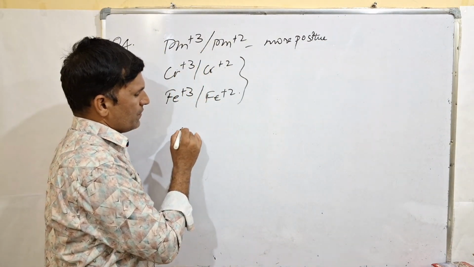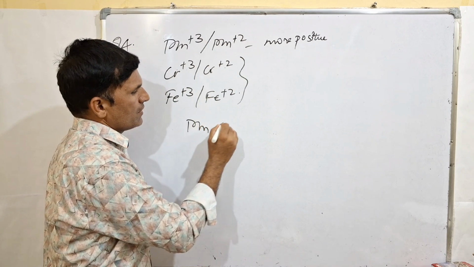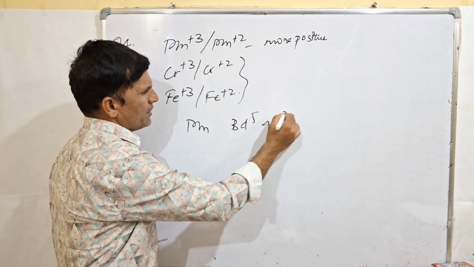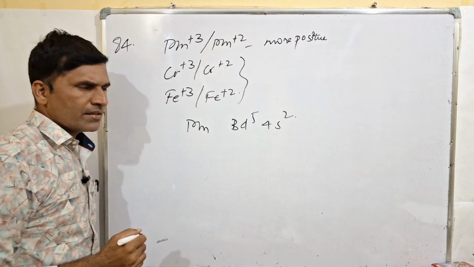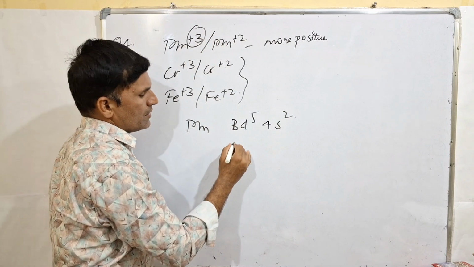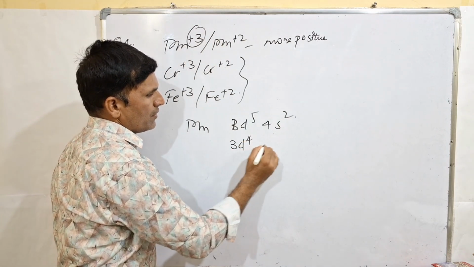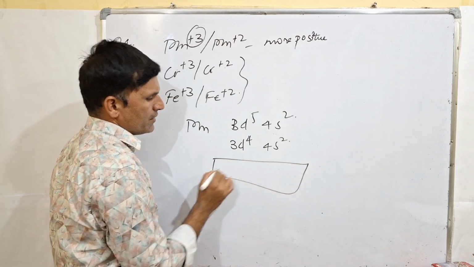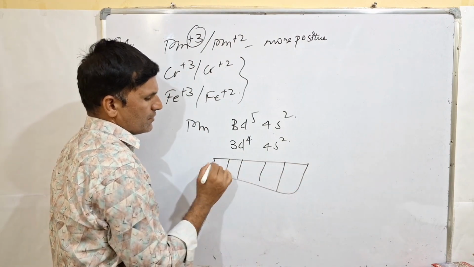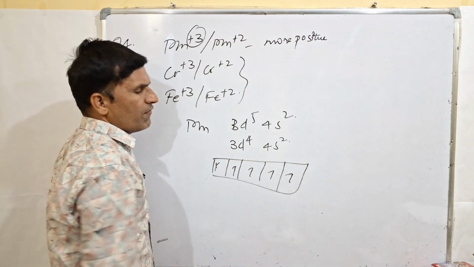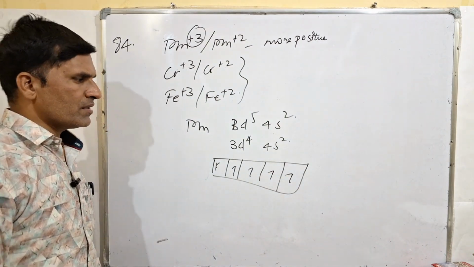If I take, for example, manganese, it has 3d5 4s2 configuration. Now, when it is in plus 3 oxidation state, you will have 3d4 4s2. And we know that a half-filled orbital is said to be more stable.